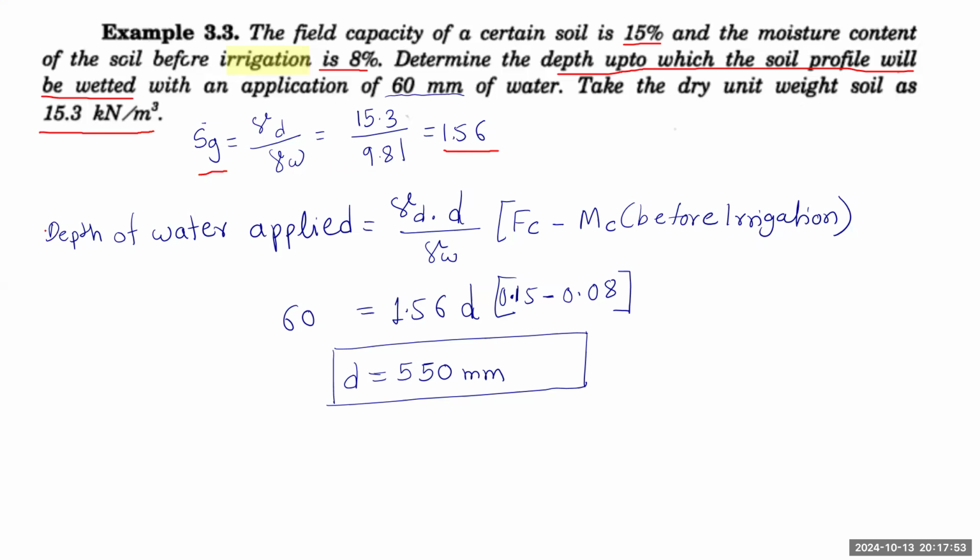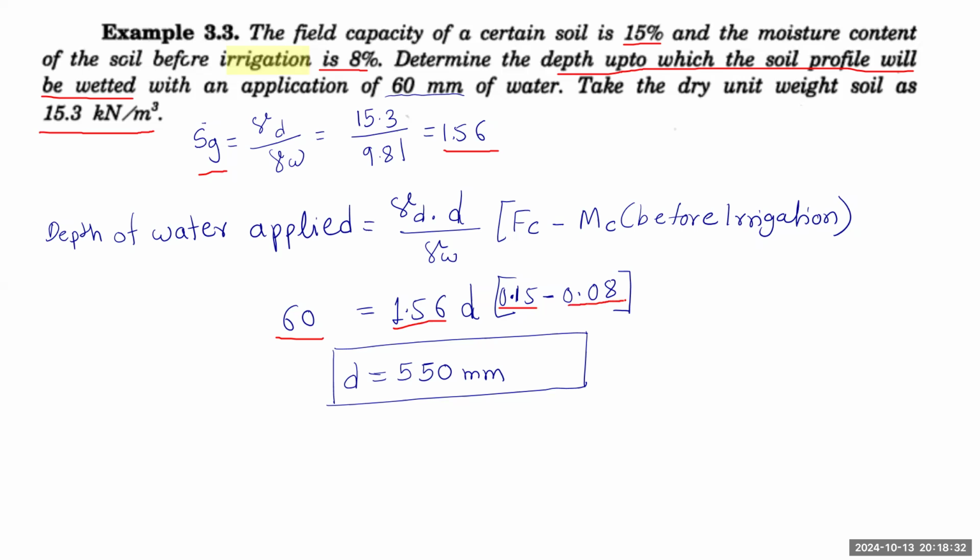The formula for dW, the depth of water applied, is SG into D into (FC minus moisture content before irrigation). SG is 1.56, dW is 60 mm, FC is 0.15 and the initial moisture content before irrigation is 0.08.